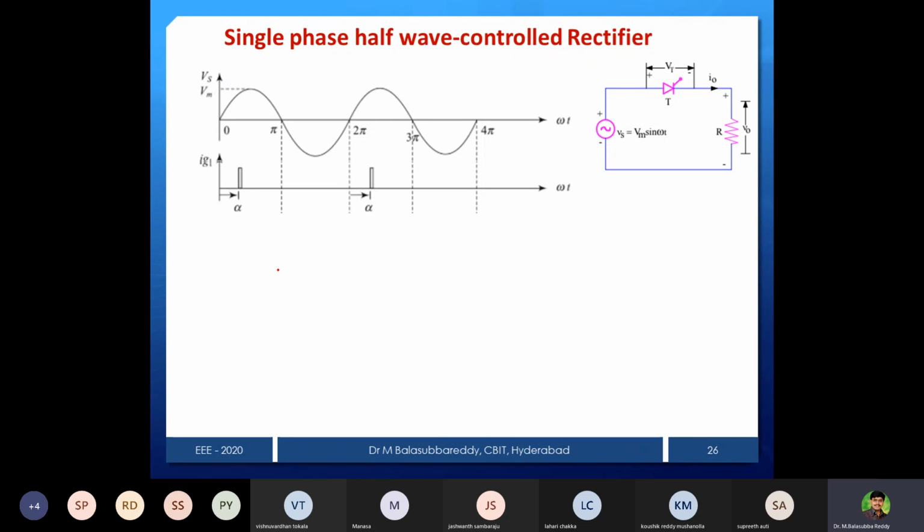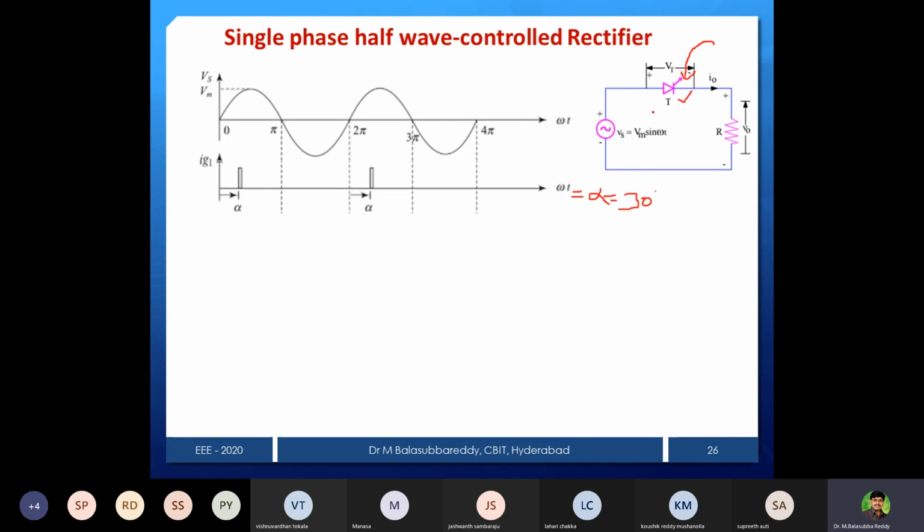Now after this, I want to represent the output voltage waveform. The explanation is very simple. During the positive half cycle from 0 to pi, the thyristor is forward bias. That is the first statement. Second statement, at an angle of alpha, meaning omega t equal to some angle, alpha may be 30 degrees, 20 degrees, 10 degrees or 90, whatever you want from 0 to 180 degrees, the firing pulse is given to the thyristor.